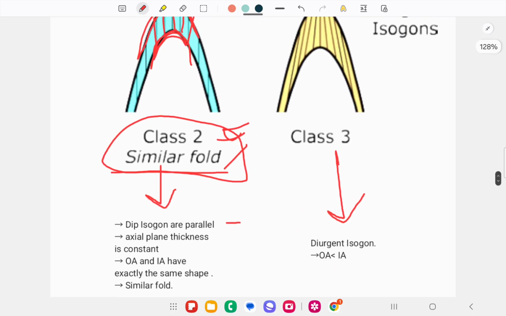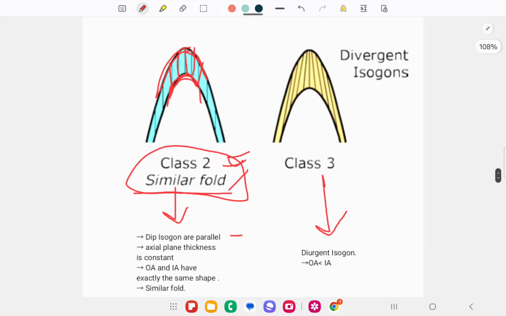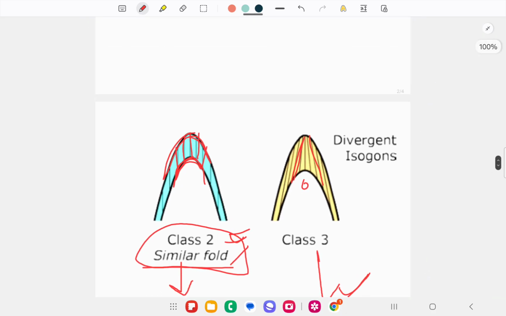Moving towards the class 3 fold, the dip isogon is diverging from the core, like this. These are the basic characteristics of the different types of classification based on Ramsay's classification. Okay, thank you, bye.